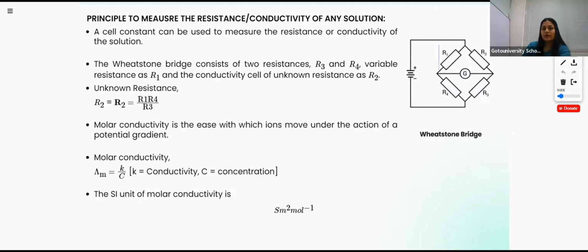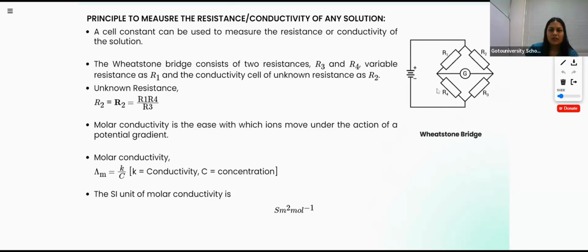Direct current passing through these resistances caused chemical reactions, so we used alternating current in the conductivity cell. So to measure the conductivity or resistance of a solution, we introduce the cell constant.